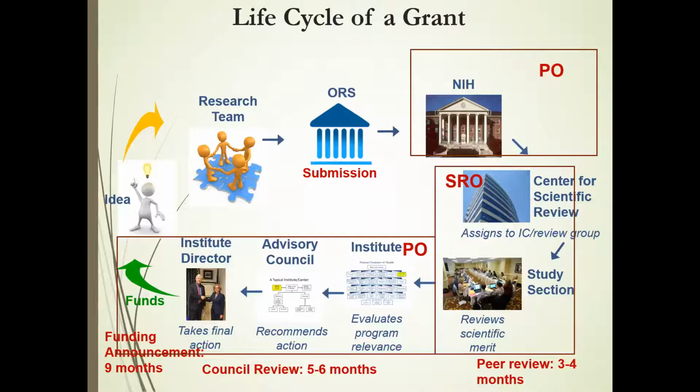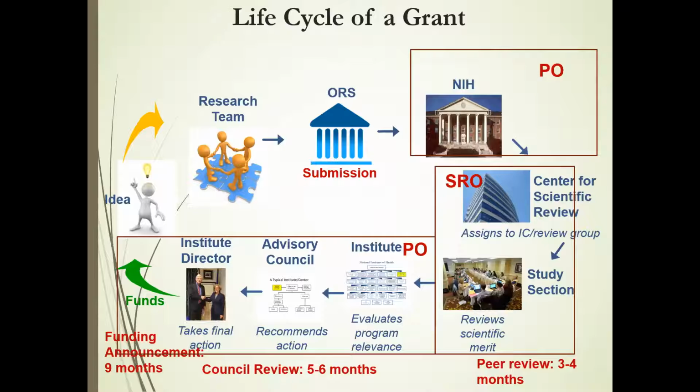It goes to the advisory council at that institute, and the advisory council looks at them and ranks them on which ones they think should be funded. Sometimes the program officer can have a deciding role, like if there's a tie on the advisory council, they may help decide that tie, or they may send it on to the institution director.